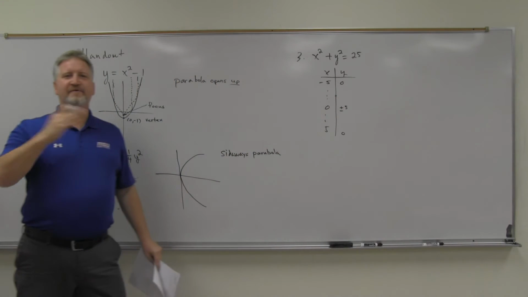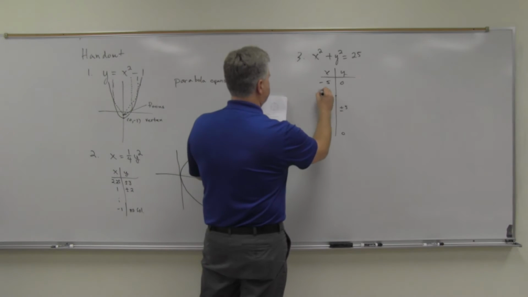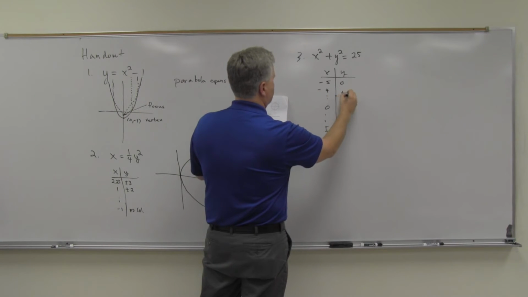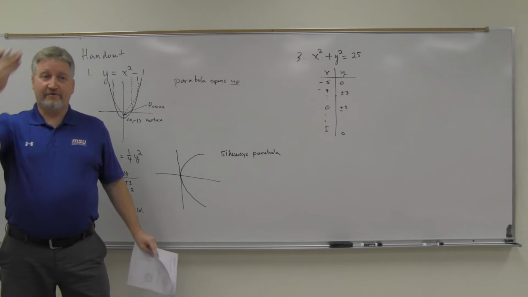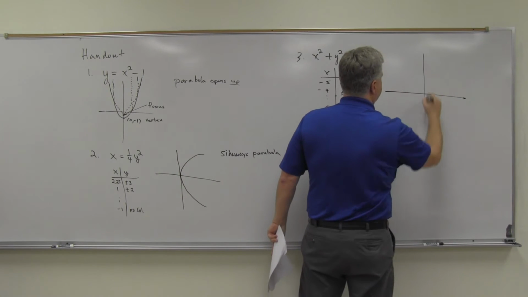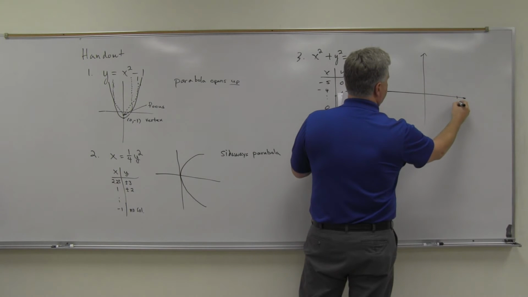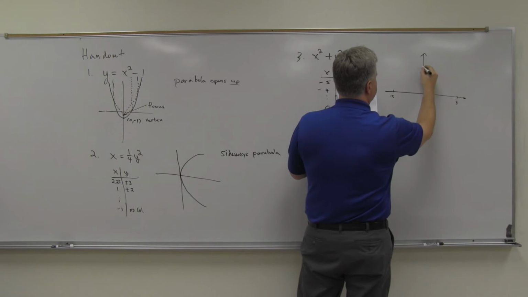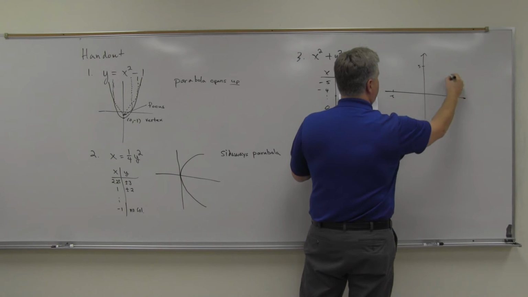What happens is that for a lot of the x values, you get 2 y values, all right? And so that's one reason you get this shape. But here's what you get, notice: here's 5, here's -5, here's +5, here's -5. What shape am I getting there? It's a circle.